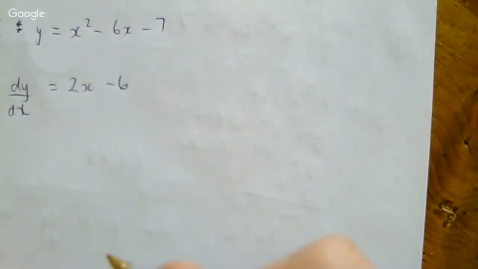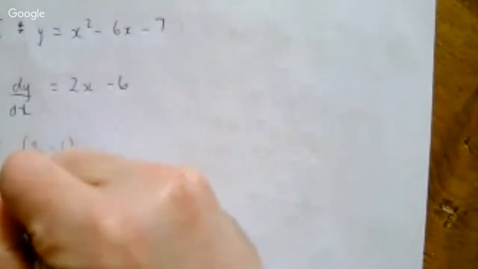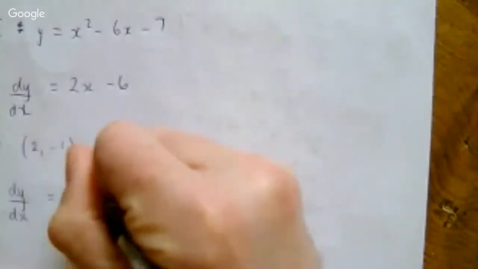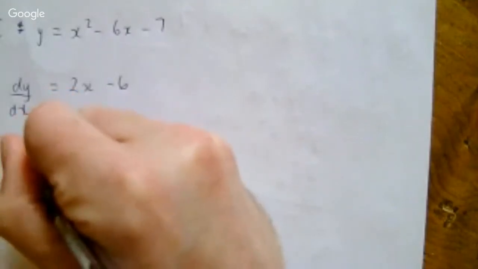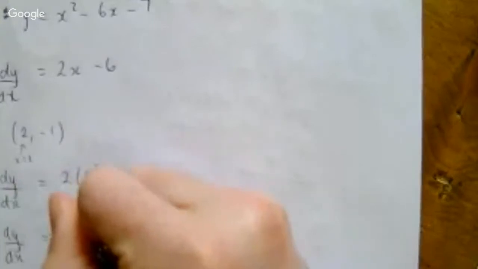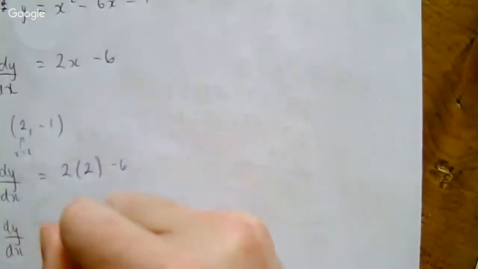So I'm going to do the easy coordinates first. I'm just going to choose 2 and minus 1. At 2, minus 1, dy by dx is equal to 2 lots of 2, because the x coordinate is equal to 2, minus 6. So dy by dx is equal to 4 minus 6, which is minus 2.